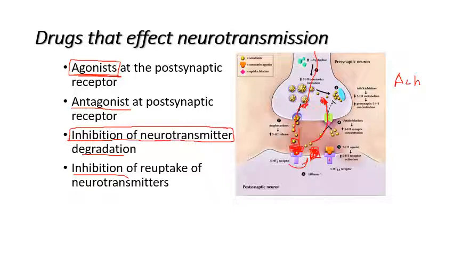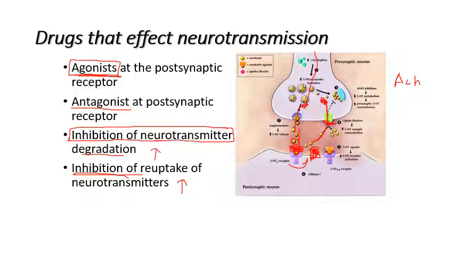What happens if we inhibited the reuptake, so we blocked this? If serotonin gets released, it doesn't get brought back into the presynaptic neuron. It will stay in the synapse for a longer period of time and will increase the signaling. So by inhibiting the reuptake, we increase the signaling. By inhibiting the degradation, like with acetylcholine, we increase the signaling.